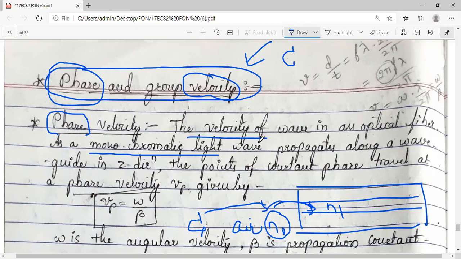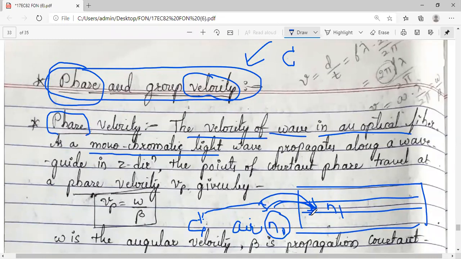Okay, so how you define phase velocity? The velocity of a wave in an optical fiber. जब ये air medium से core cladding में जाएगा, so velocity c नहीं रहेगा, it will change. So that velocity we call it phase velocity, and with this velocity the light will travel. I'm talking purely for monochromatic light.